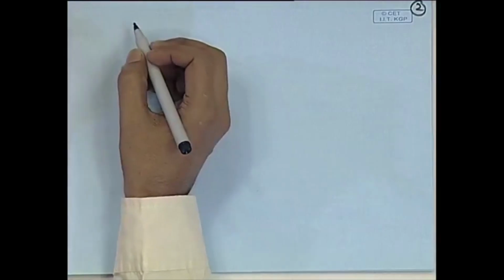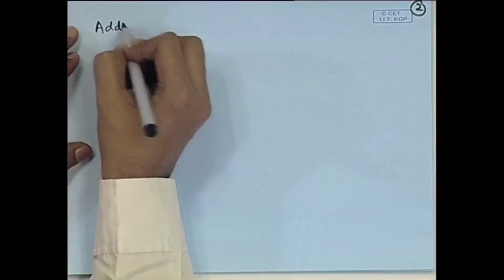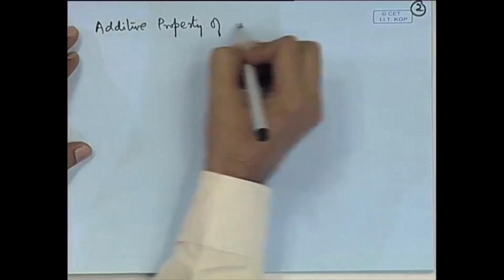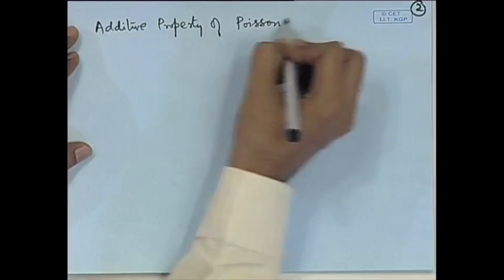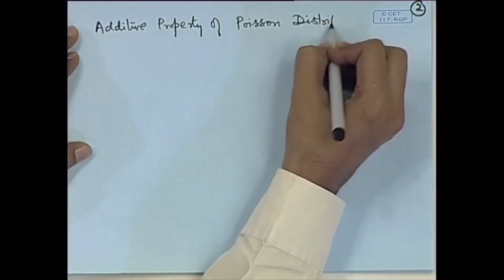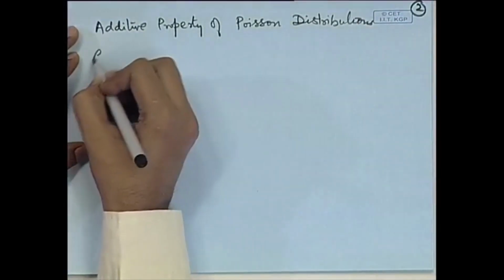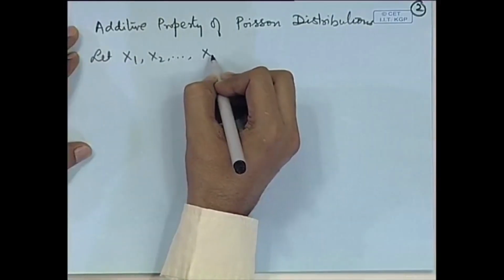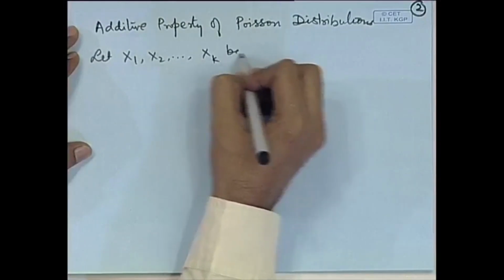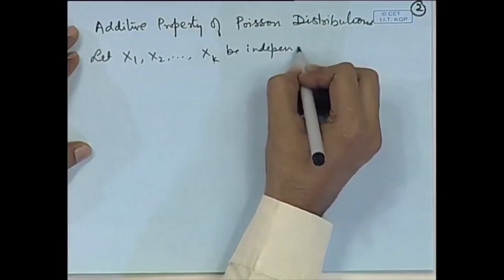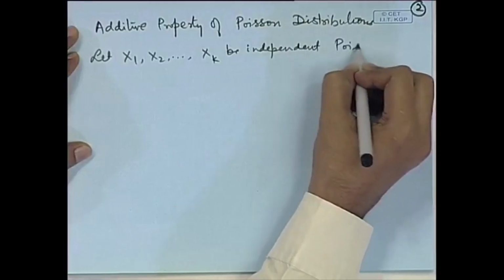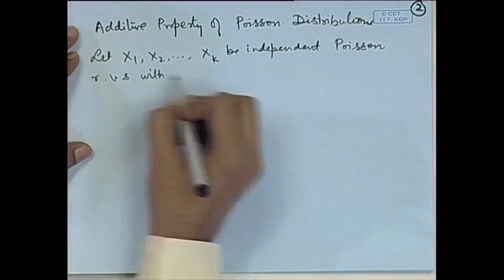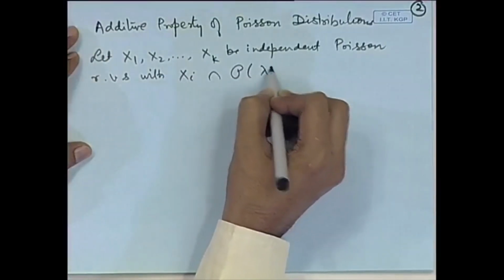Let us prove a similar property for Poisson distributions, the additive property of Poisson distributions. Let X1, X2, ..., Xk be independent Poisson random variables with Xi having a Poisson(lambda i) distribution.